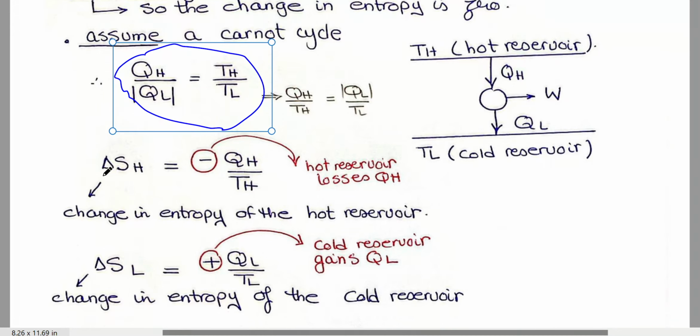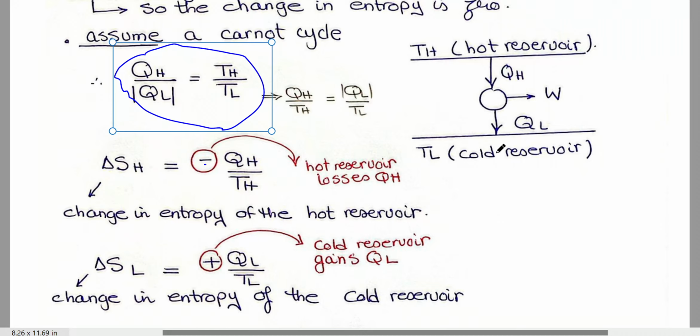The first step is calculating the change of entropy of the hot reservoir, delta SH. Delta SH equals Q over T. But the hot reservoir is losing energy, so I will put negative, because the hot reservoir is losing an amount of energy QH.